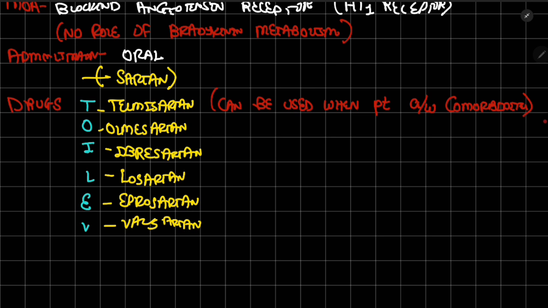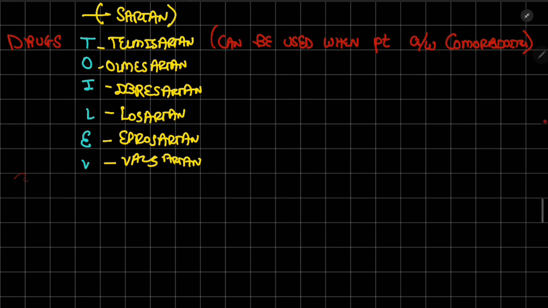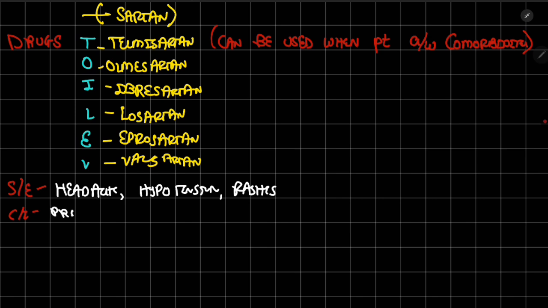Now the side effects: headache, then hypotension, rashes. Contraindication: pregnancy. We have seen the benefit of sartan drugs or ARB blockers over ACE inhibitors, that they don't cause that bradykinin problem.